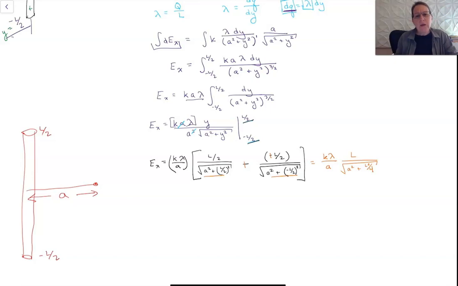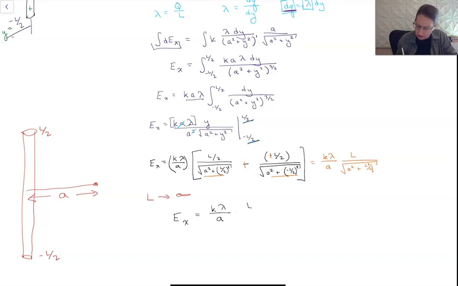Now we can actually think about if we have a really long wire. So if we send L to infinity, so we take basically the limit of this as we send L to infinity. Notice we've got an L up top, that's going to infinity, and an L in the denominator, that's going to infinity. So we can actually rewrite this just a little bit. So I've got E_x is equal to k lambda over a.